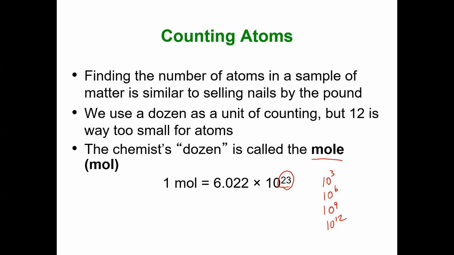One of the reasons it's such a big number is that molecules and atoms are so small. In a very small space, you can have a lot of them. That's why we had to learn scientific notation. So now we understand that a mole is a term used to represent a number of particles. Just like a dozen represents 12, 1 mole represents 6.022 times 10 to the 23rd.